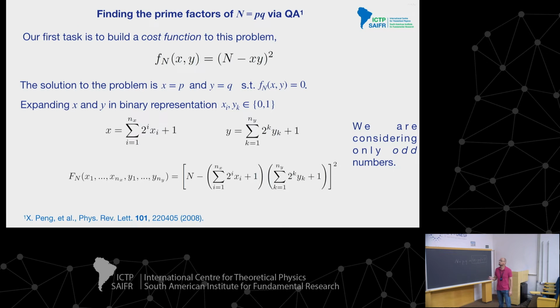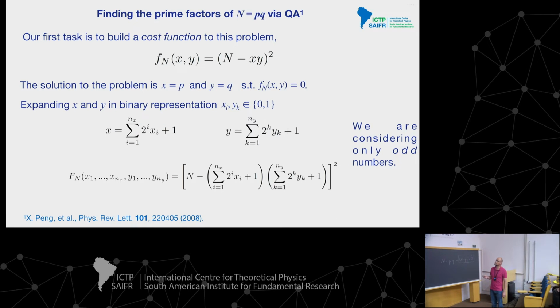That's a problem. So our idea is to find the values x and y such that x is equal to p and y is equal to q. This is our goal. In this case, this cost function is minimum and is equal to 0.